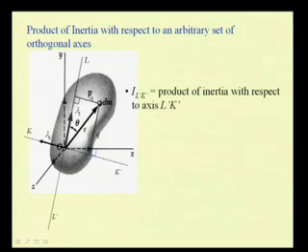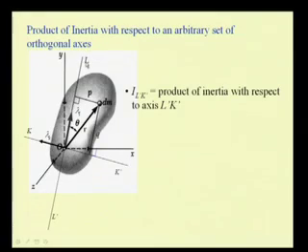And we have this perpendicular distance, that is p from L prime axis and q from the k prime axis.